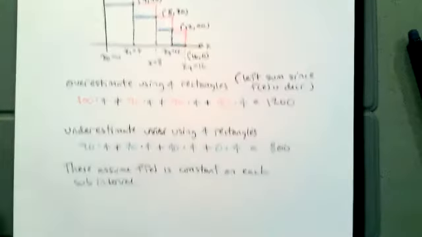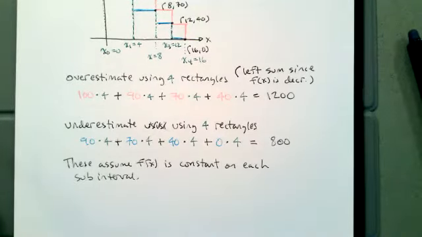So these approximations assume f of x is constant on each subinterval. When we find the average of these two, that's the same as assuming that the function is linear on each subinterval. And instead of calculating areas of rectangles, we're calculating areas of trapezoids.